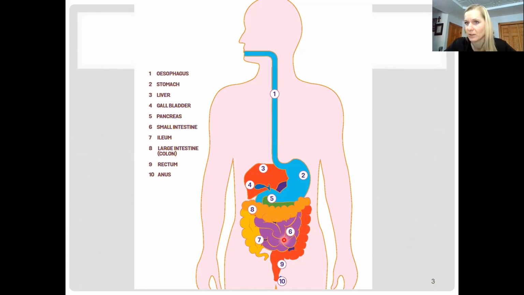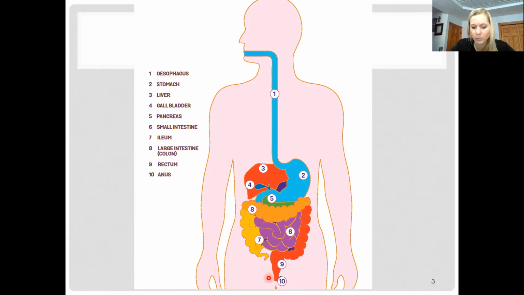So then whatever is left over basically will move into the large intestines, also known as the colon. And you can see that here. Here's the ascending colon, transverse colon, descending colon, and out the rectum anus area here. And that will allow us to get rid of those waste products.